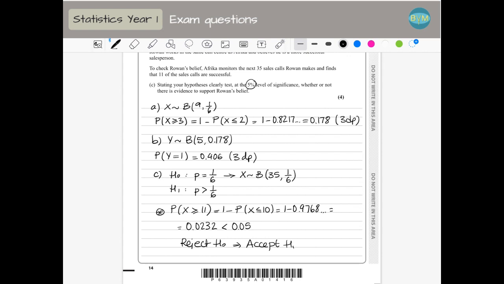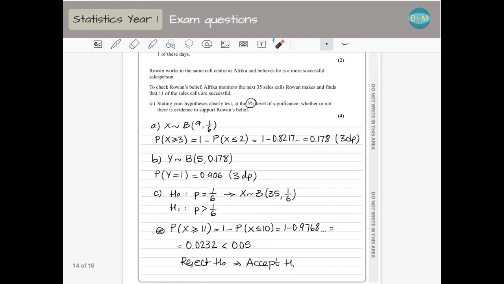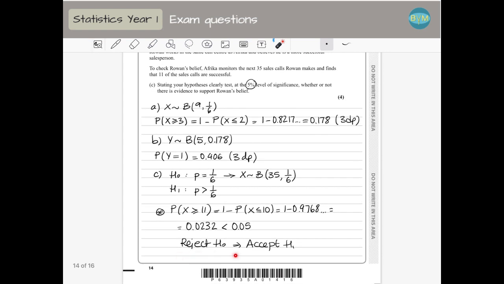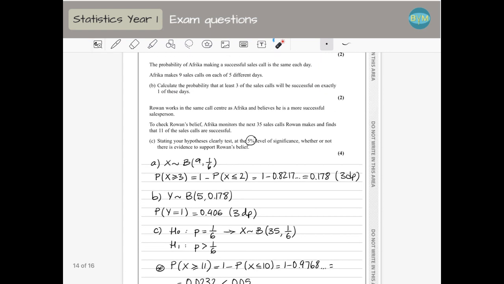So there is enough evidence to say that the probability is higher for Rowan. So that means that Rowan is more successful, not a better, a more successful salesperson. And so you should write a line concluding that there is enough evidence to say that Rowan is a more successful salesperson.